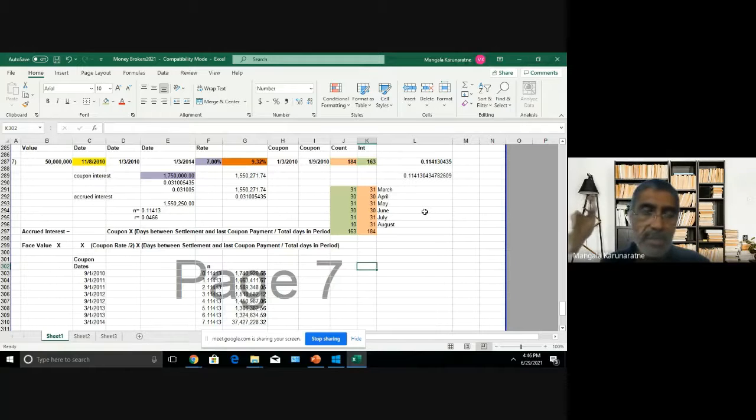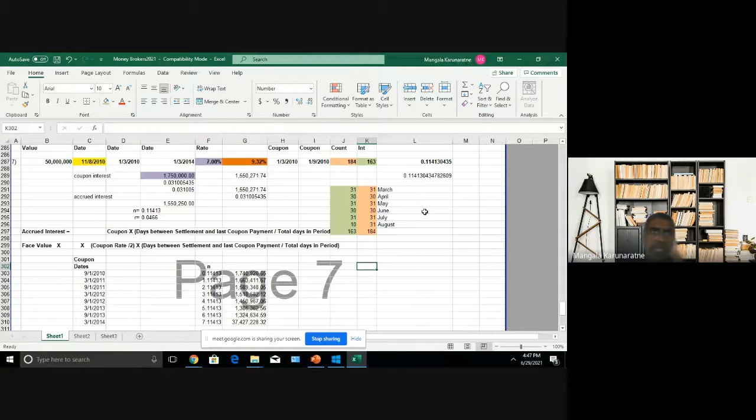In these conventional bonds, the coupon is equal. But as I think I have mentioned earlier, there are some bonds which are not conventional. There can be different features or different attributes added on to the bonds, right?